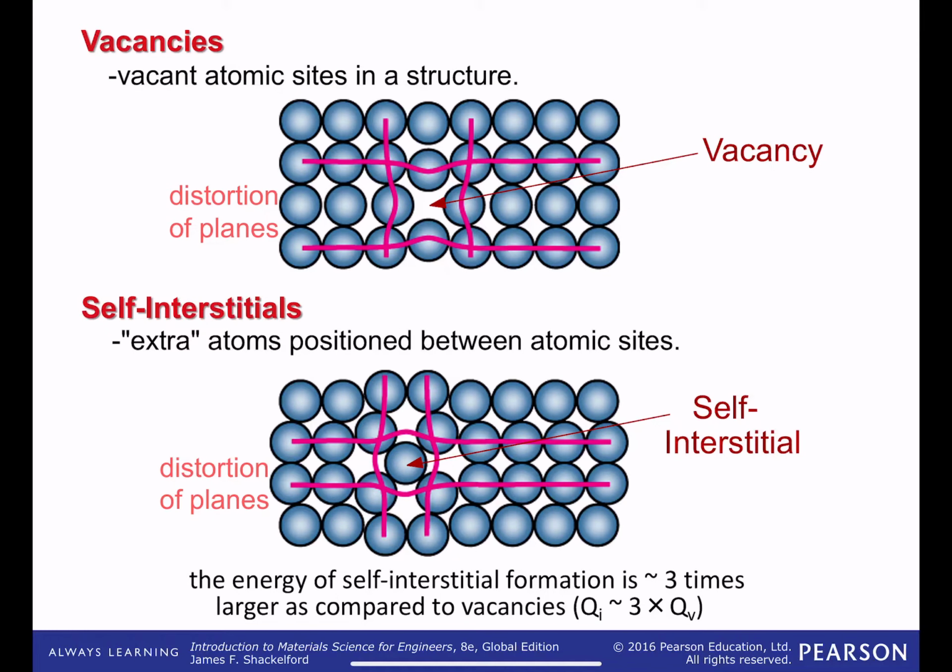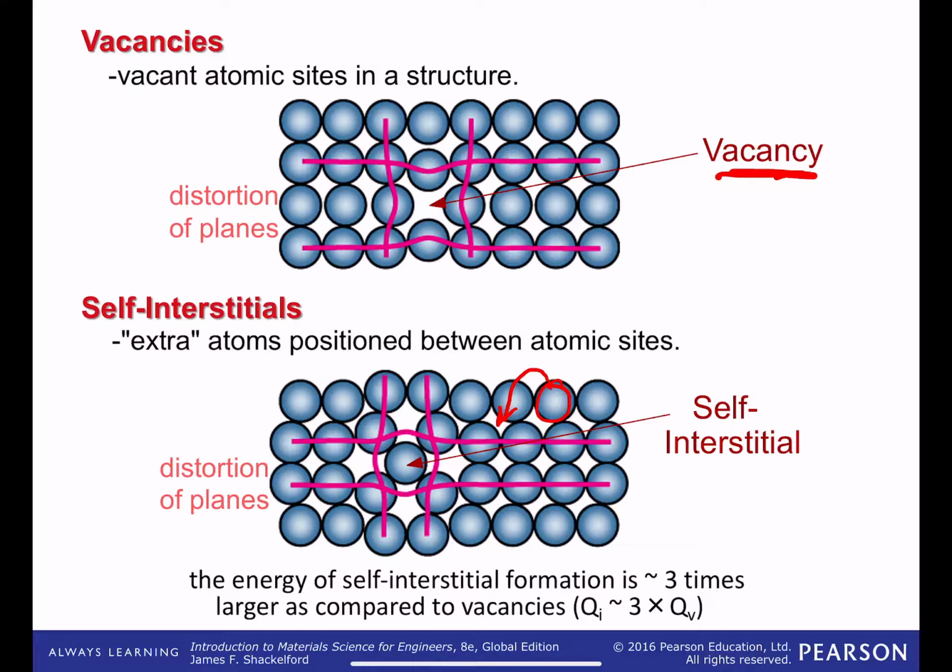And think about the two types of vacancies that we have. We have void vacancies, like we just saw, so that equation applies here. And now when we consider self-interstitials, where we're asking the metal to occupy a spot in its own lattice, so to occupy an interstitial spot in its own lattice, you can see how much distortion we have to apply to the planes of atoms to do that.